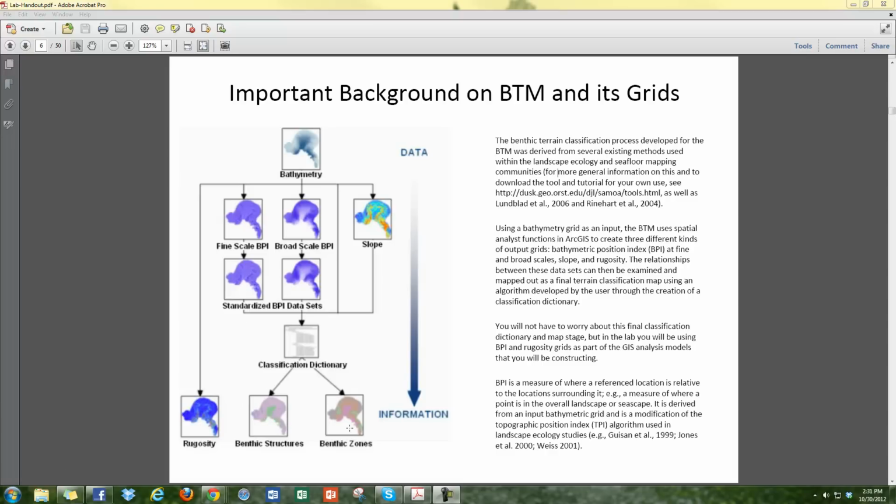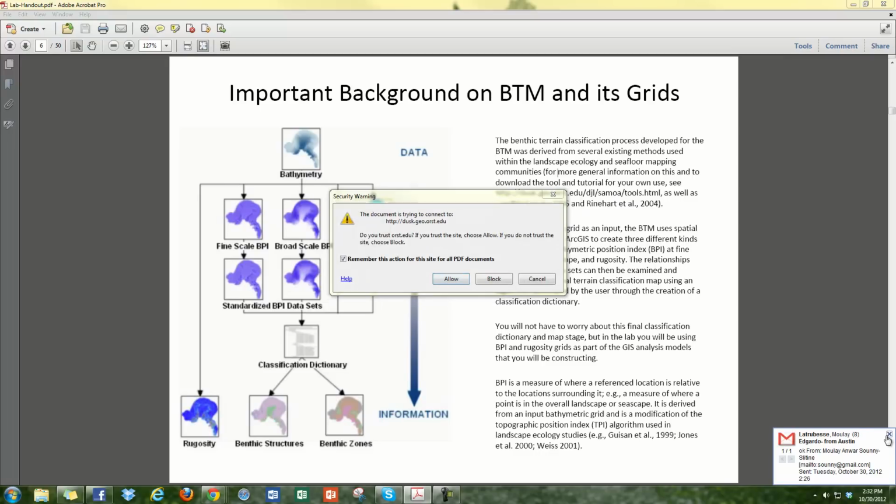We're going to use these different kinds of information from the raw data and turn it into information. We're going to use this information to evaluate the habitat. The Benthic Terrain Classification is a tool that you can download from this website, and I've already used it.